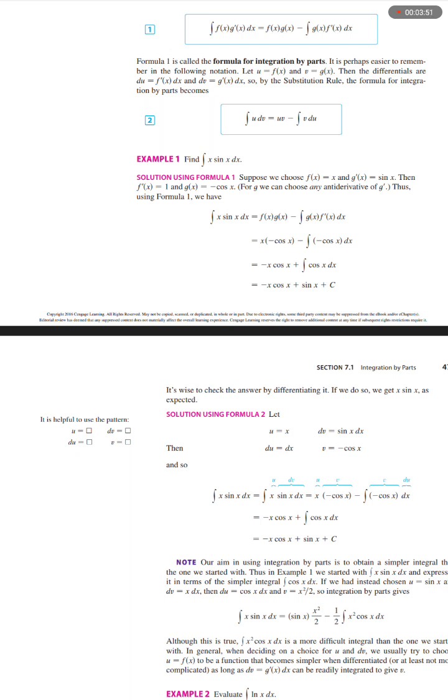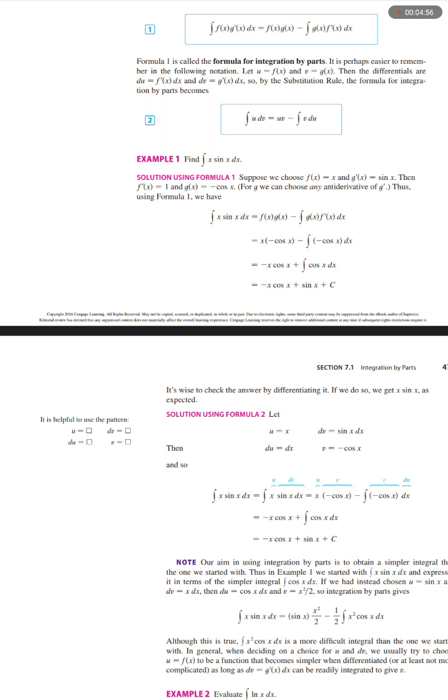And thus, using formula 1, we have the integral of x sine x dx equals f(x)g(x) minus the integral of g(x)f'(x) dx, equals x(negative cosine x) minus the integral of (negative cosine x) dx, equals negative x cosine x plus the integral of cosine x dx, equals negative x cosine x plus sine x plus C. It's wise to check the answer by differentiating it.